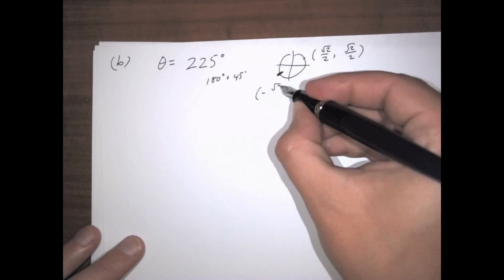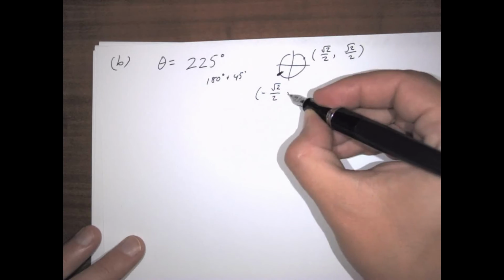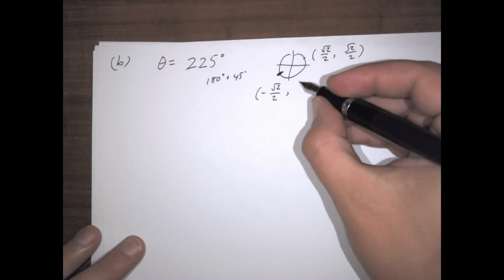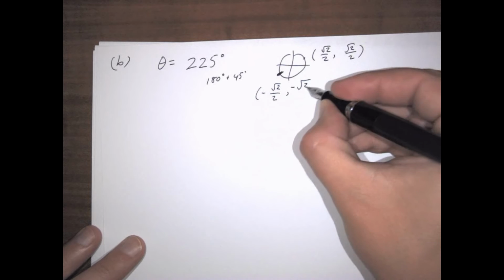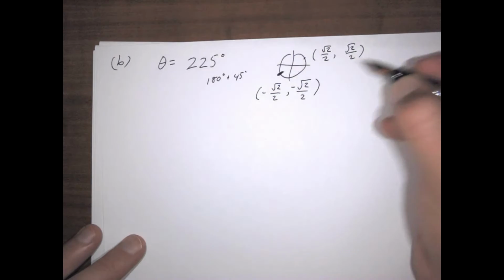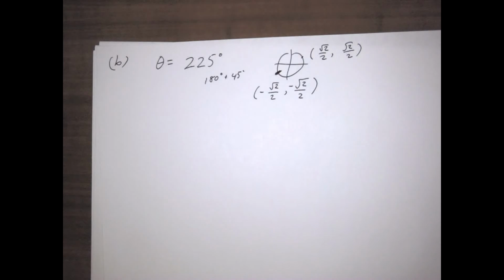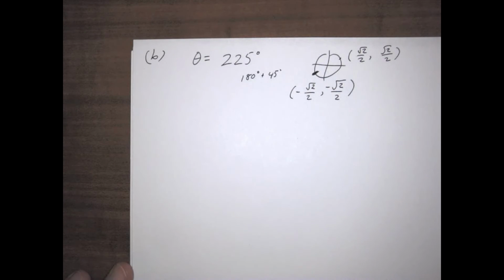And what different quadrants mean is that the x and the y values have different signs. They're different positive or negative values. Here we're in quadrant 3, which is where both the x and the y coordinates will be negative, and so we get a value negative root 2 over 2, negative root 2 over 2.